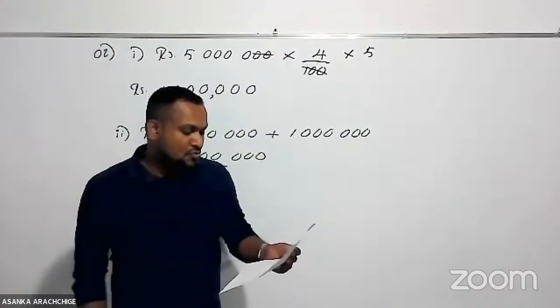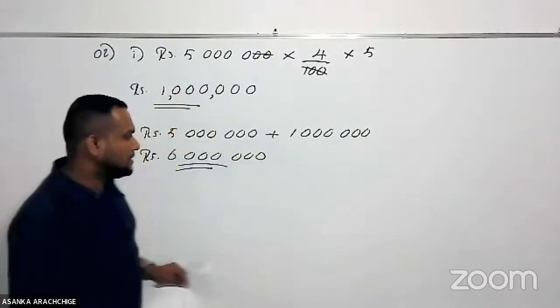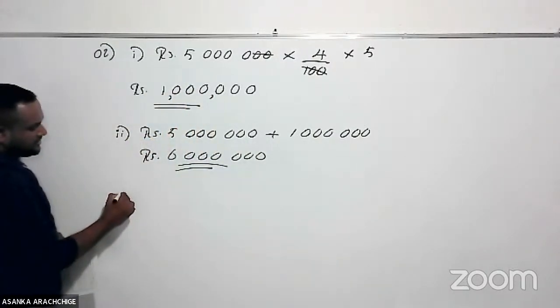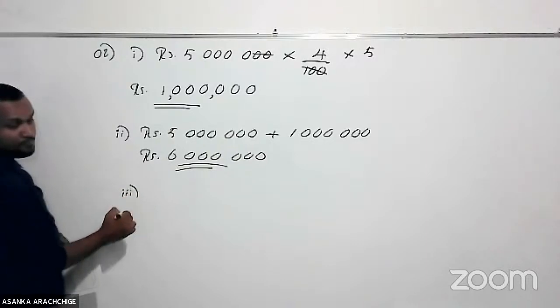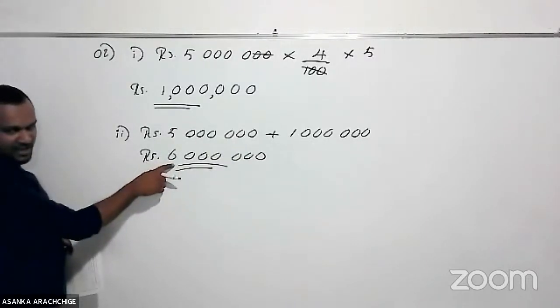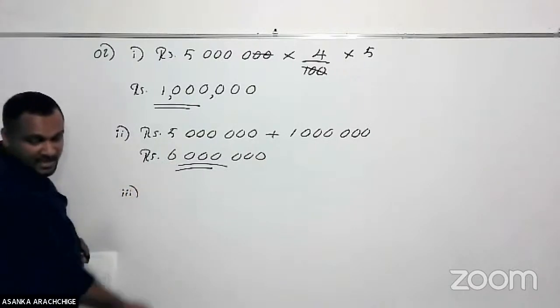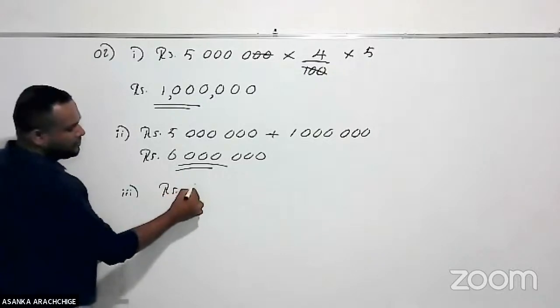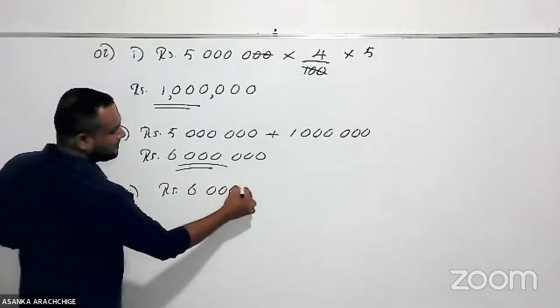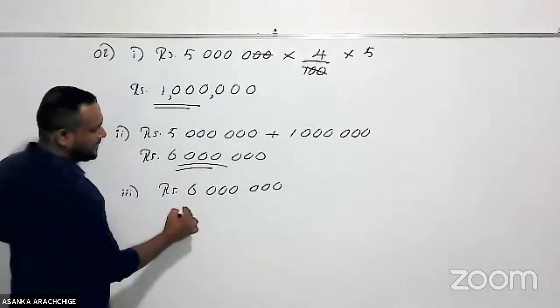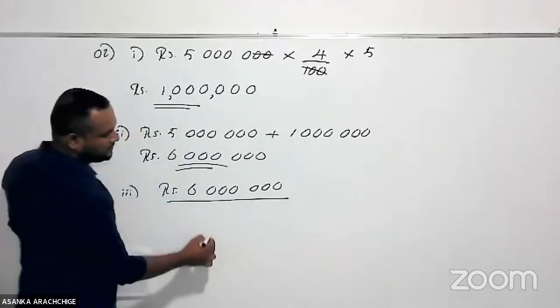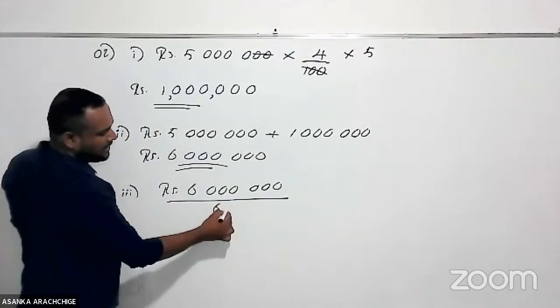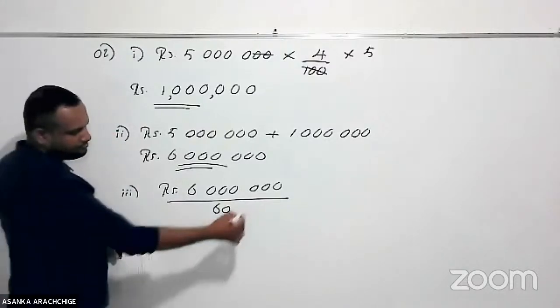Then find the value of a monthly installment. This is the total amount for 60 months. Now, 5 years means 60 months. Therefore, to find the amount to be paid in one installment, you divide the total by 60.